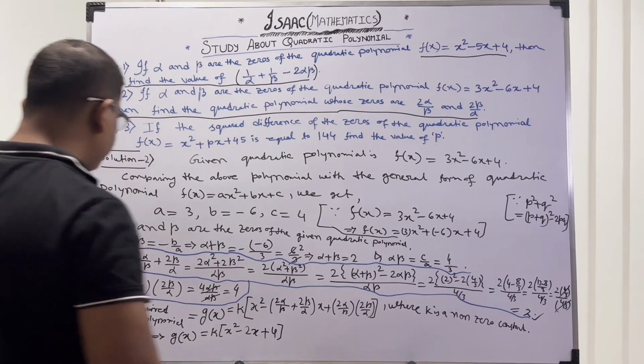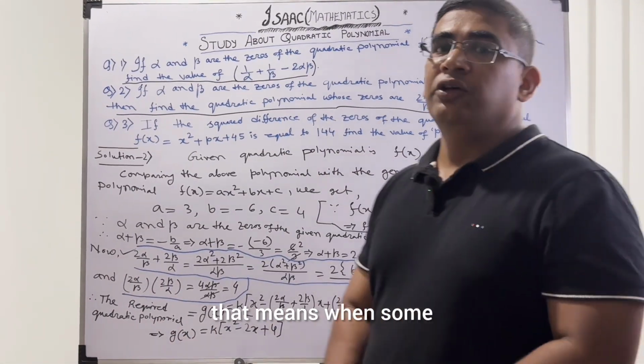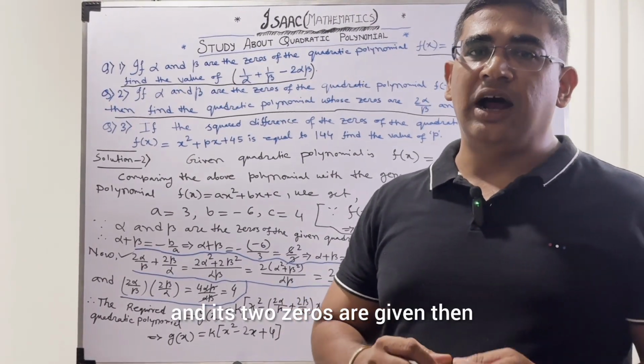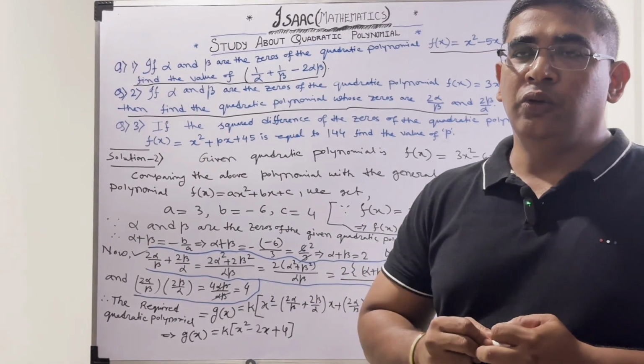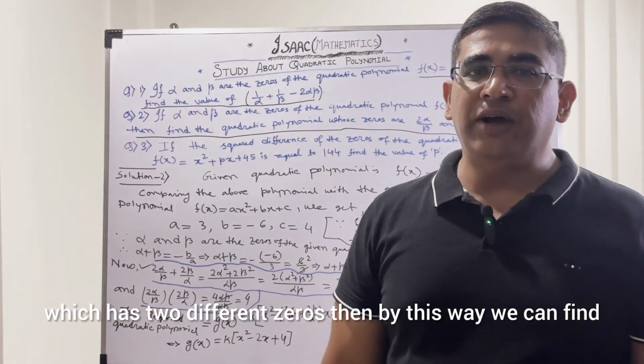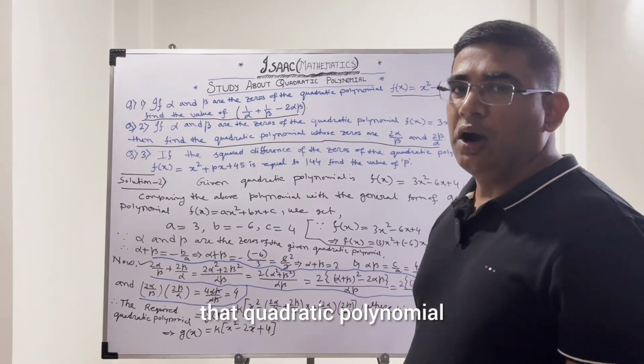Okay, so this is our required polynomial. That means when a quadratic polynomial and its two zeros are given and we have to find a quadratic polynomial which has two different zeros, then by this way we can find that quadratic polynomial.